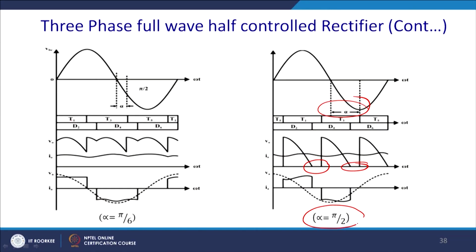It will be discontinuous if the triggering angle is more than 90 degree in case of the 3 phase half control converter, and this will be this kind of waveform. For full control, this will be the continuous waveform. So, the pattern of the waveform will change for alpha from 0 to 30 degree and thereafter for alpha more than 90 degree. We shall continue our discussion of the 3 phase half control converter with its mathematical analysis in our next class. Thank you.